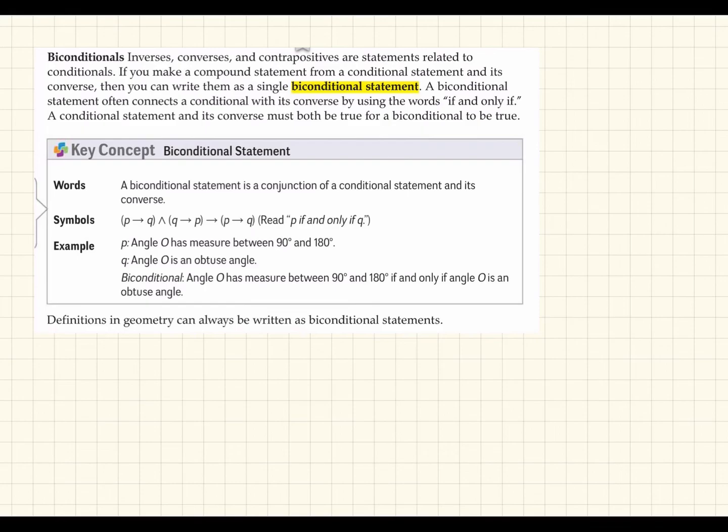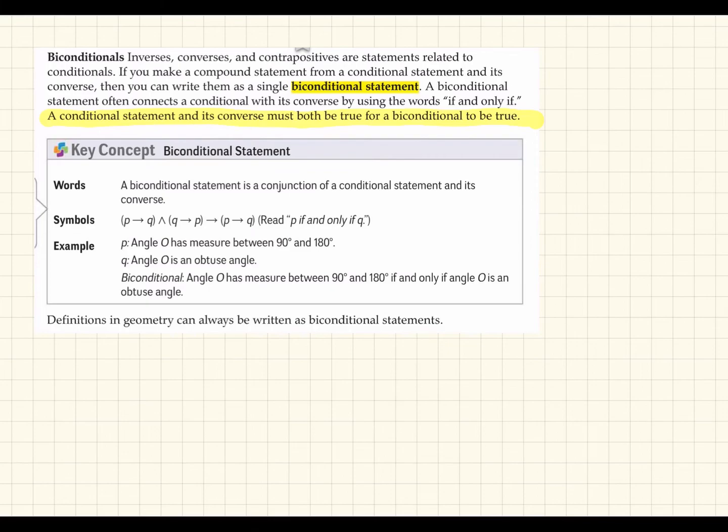A biconditional statement connects a conditional and its converse, oftentimes by using the words "if and only if." A conditional statement and its converse must both be true for a biconditional to be true. So it's kind of like an "and" compound statement.